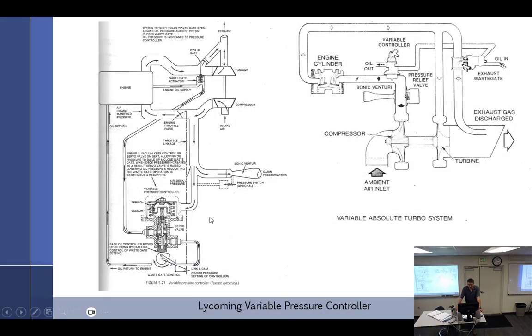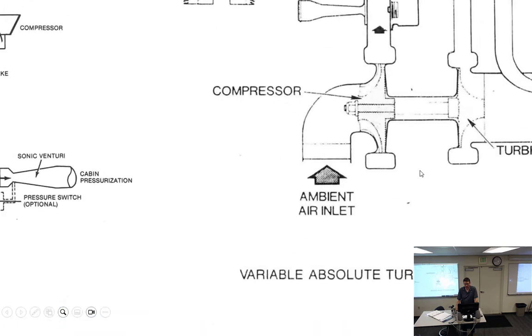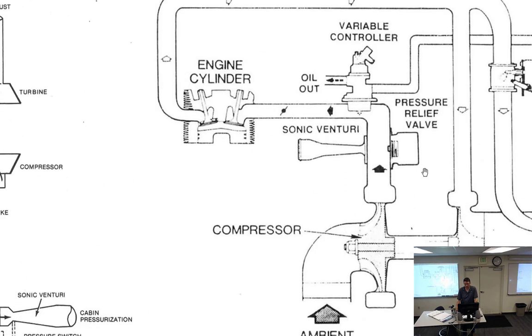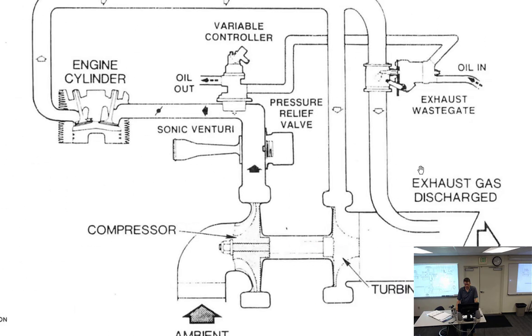All right, there we go. Lycoming variable pressure controller. Ooh, that's a very small drawing. Even I can't see. Which one do I want to go to? Because I think there's two different types. We'll go with this simple one first. There we go.